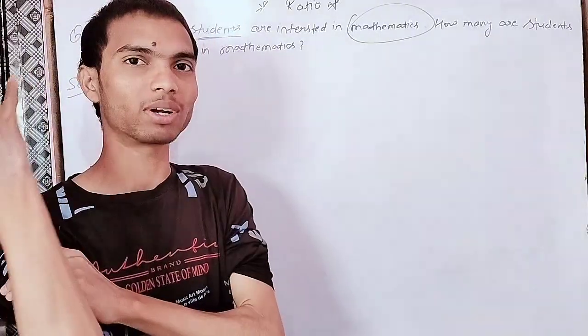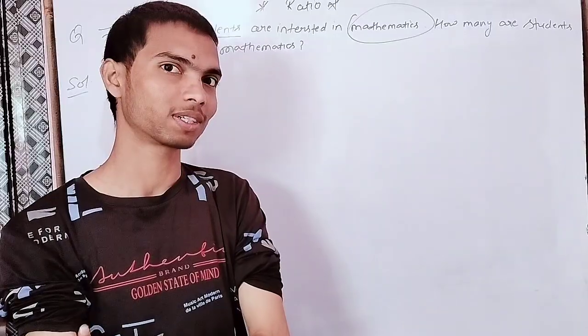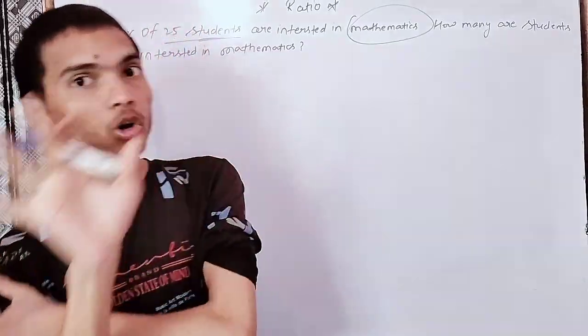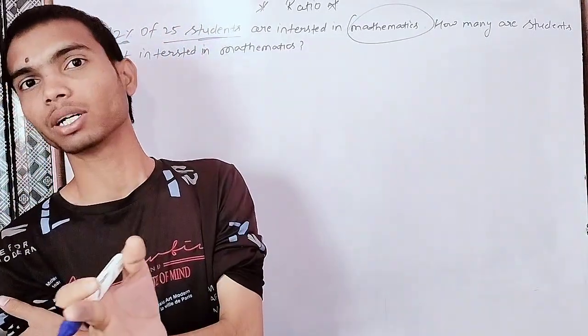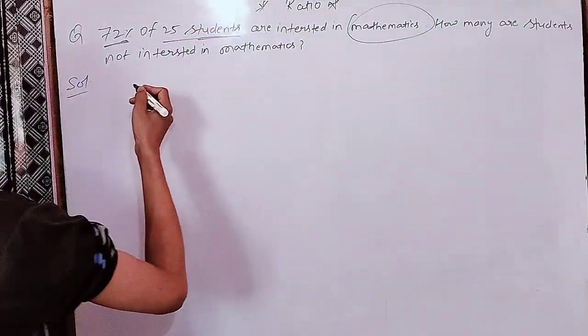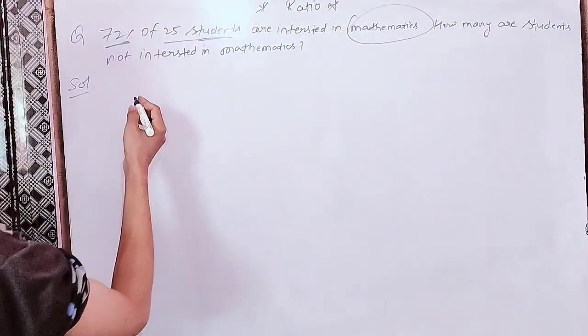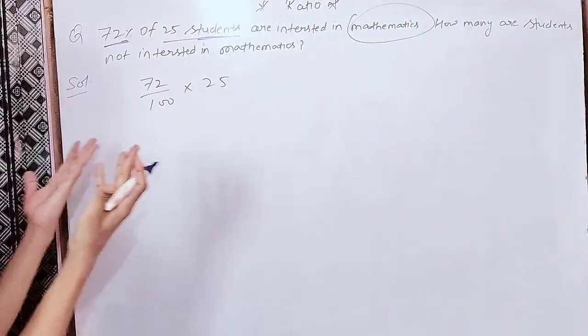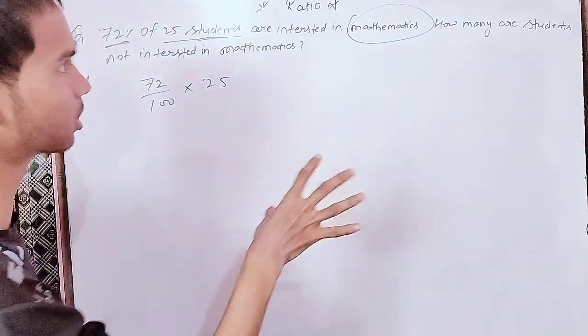No, that is given already, 72%. It is asking how many students are not interested in mathematics. From here we can find how many students are not interested in the mathematics subject.